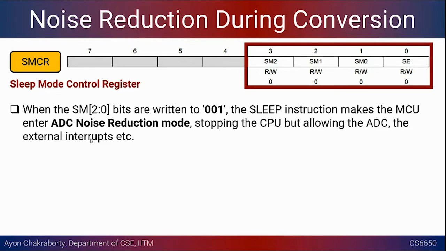Okay, so there is a register called sleep mode control register, and setting a particular value 001 actually helps you in reducing the amount of noise that is introduced in the ADC. Right, it will stop the CPU but allow the ADC and the external interrupts. Okay, so that can also save a considerable amount of power.